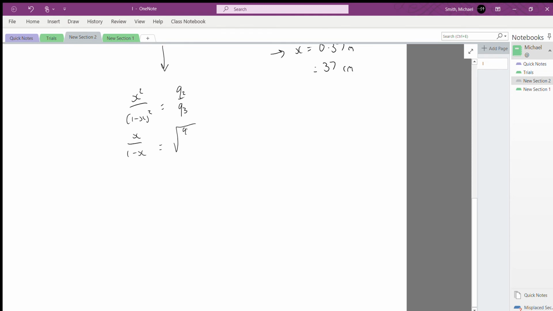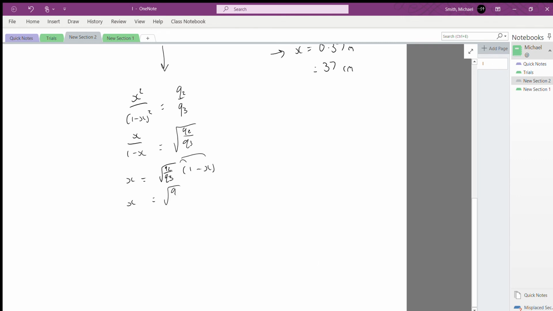And if we square root both sides, we'll get x on 1 take x is the square root of Q2 on Q3. Now I'm going to multiply through by 1 take x. So we have x is root Q2 on Q3 multiplied by 1 take x. And we're just going to expand that out.